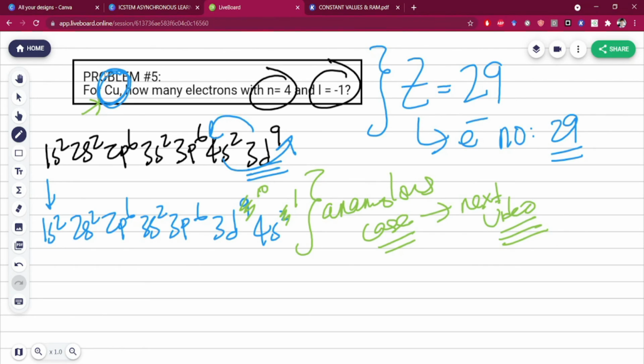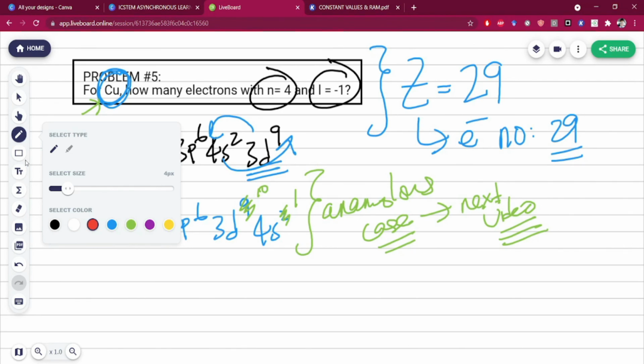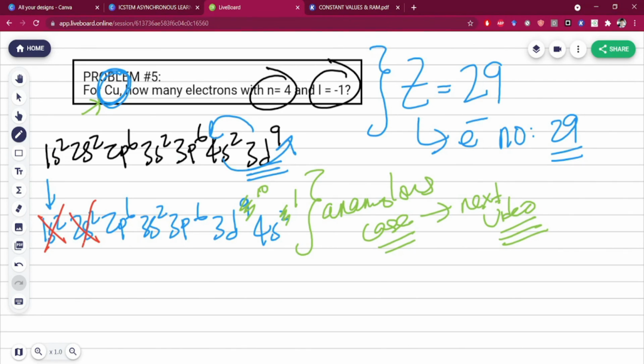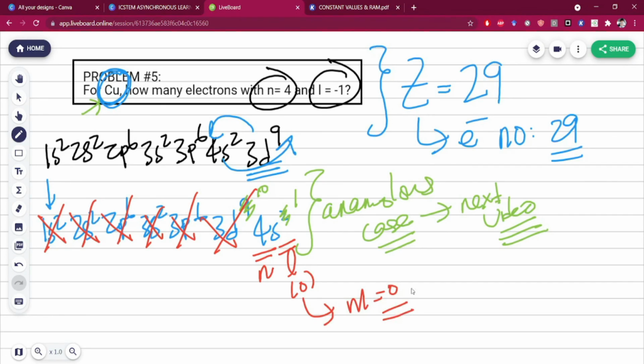What we need to look at now is how many electrons with n equals to 4, l equals to -1. So n equals to 4, automatically we can ignore all of this because these are not n equals to 4. So this is n equals to 4. You have l equal to 0 over here, and therefore m will equal to 0. You won't have l equals to -1.